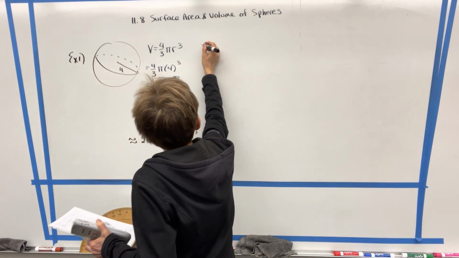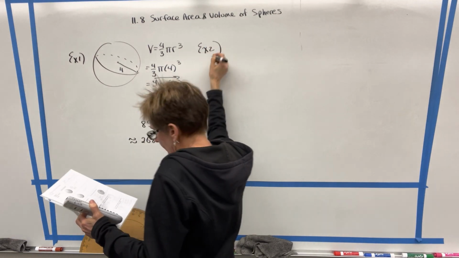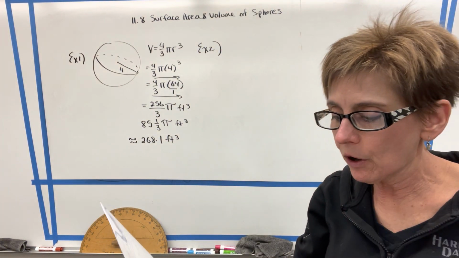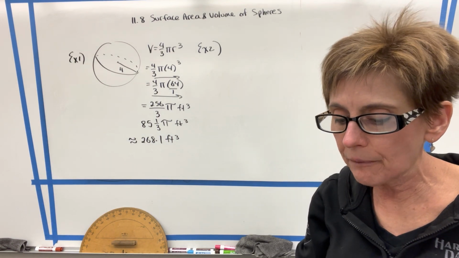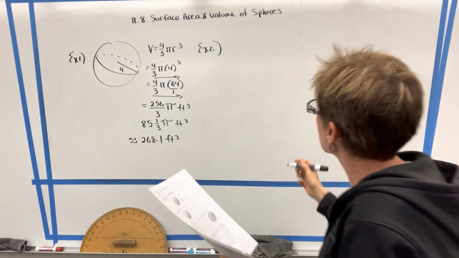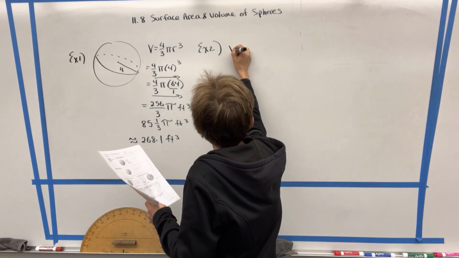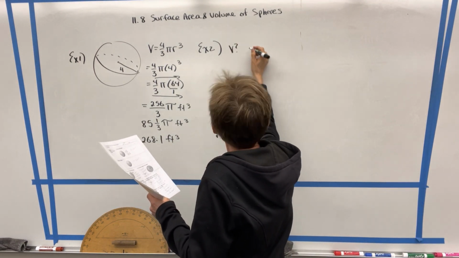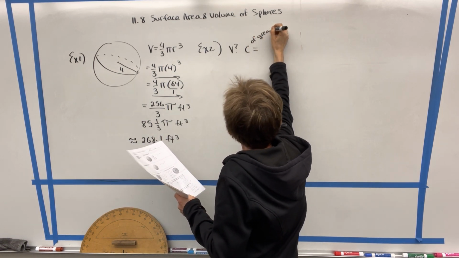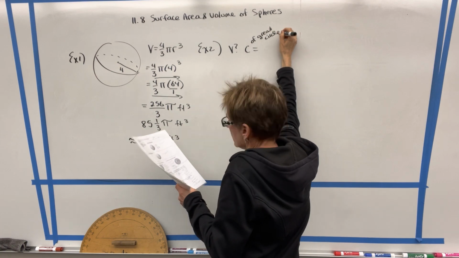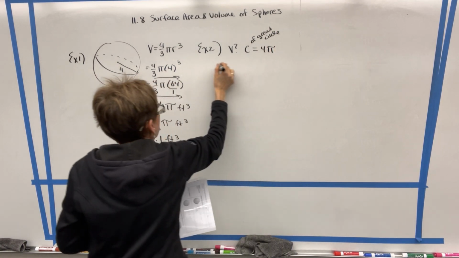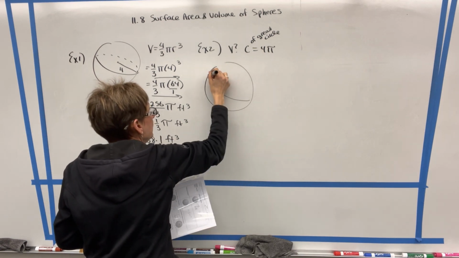Now, let's do an example where we're working backwards. So in this problem, it says, find the volume of a sphere if the circumference of the great circle is 4 pi inches. So we want to say, what is the volume? And we're going to say the circumference of the great circle is 4 pi. Let's go ahead and draw a picture to go with this.